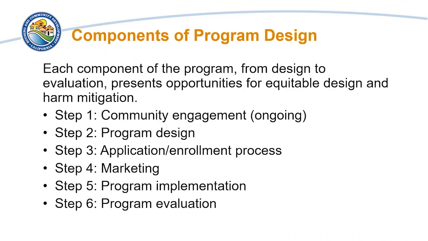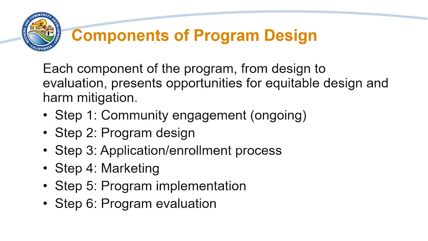Now we will be looking at the different components of program design. Each component of the program, from design to evaluation, presents opportunities for equitable design and harm mitigation. The first component we will be talking about today is community engagement. Community engagement is an ongoing process because it will be part of all of the phases of your programming.